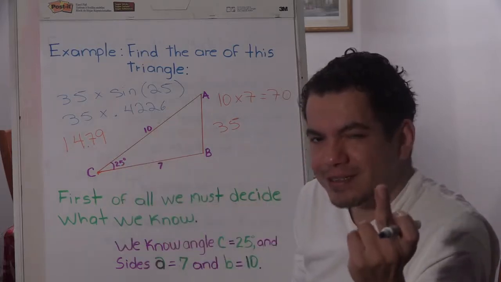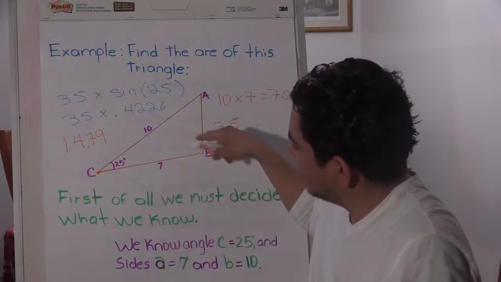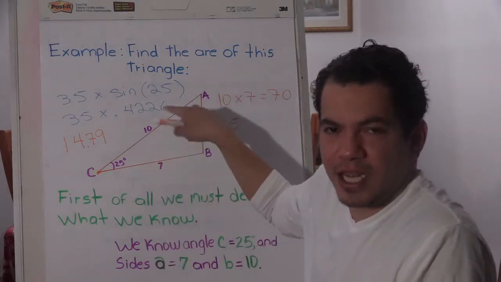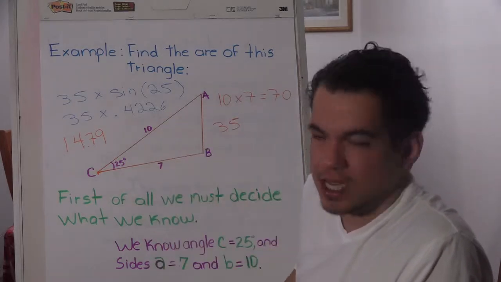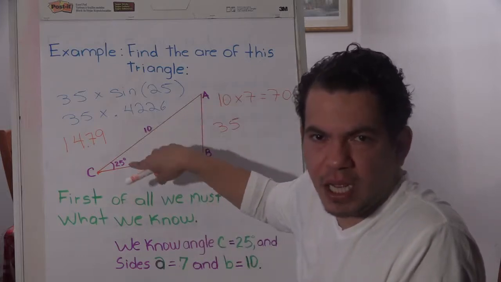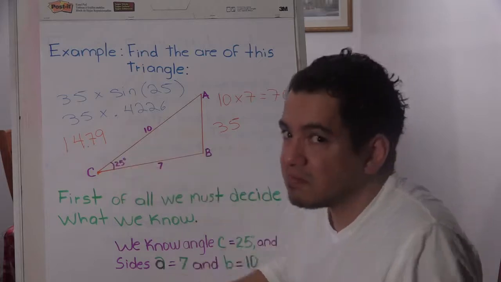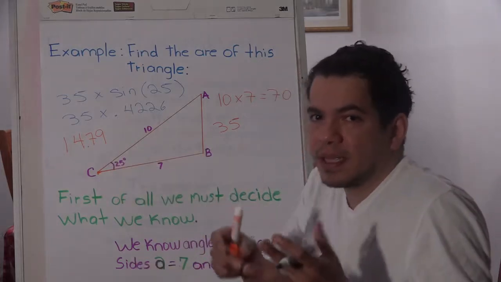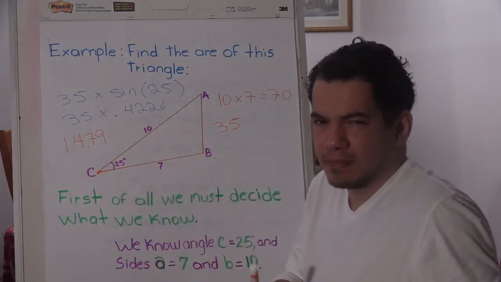Use your common sense. The sum of the angles in a triangle is 180 degrees. So add these two up and subtract them from 180 and you'll get this angle. So even if the problem is different, you still do it.